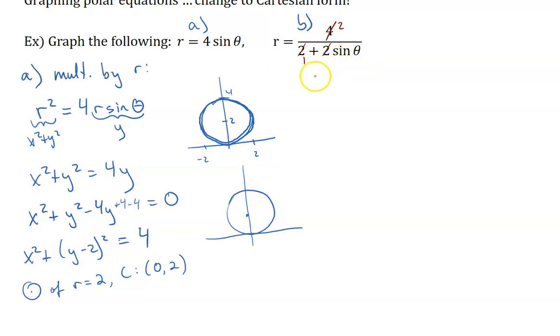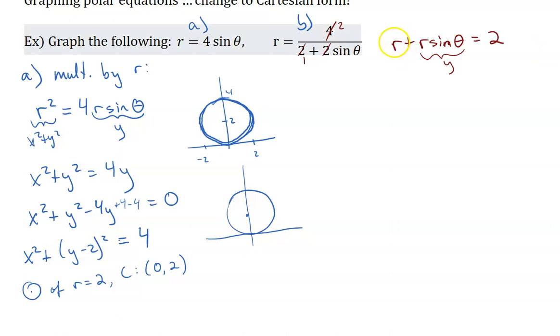Okay, rearranging this, I'm going to multiply both sides by this denominator. So I end up with r plus r sine theta is equal to 2. Okay, and then using identities, r sine theta again is equal to y. We had this in the last one as well. And then r, using the Pythagorean theorem, we know that r squared is x squared plus y squared.